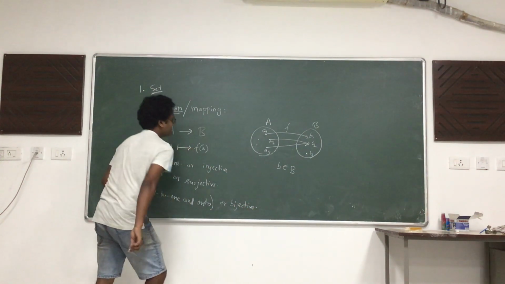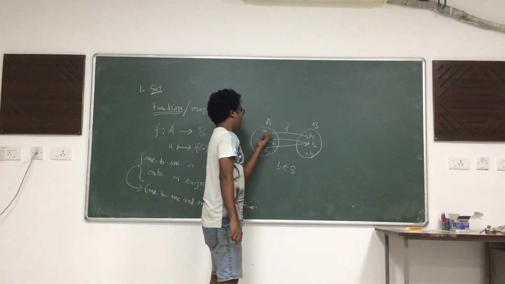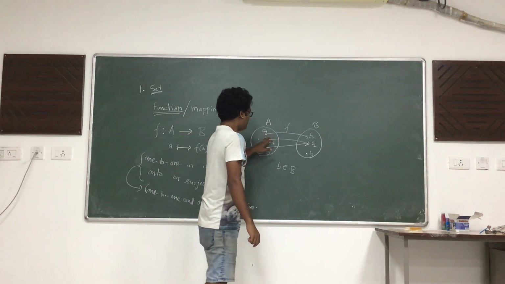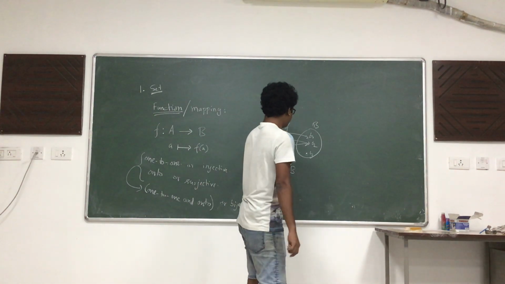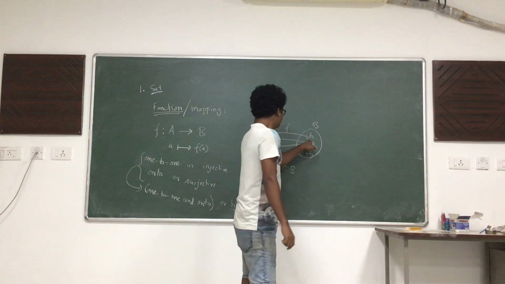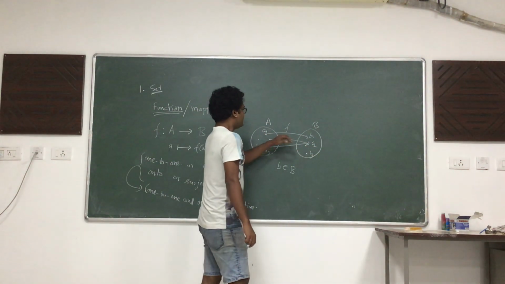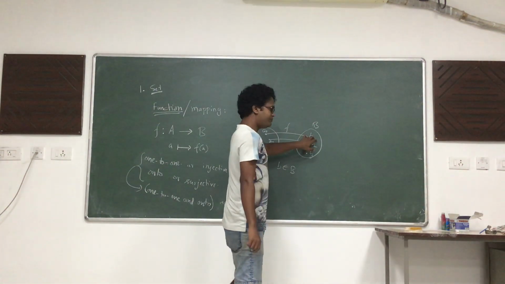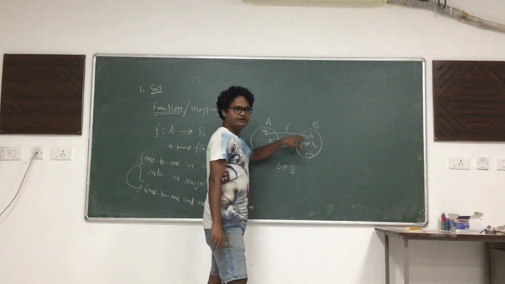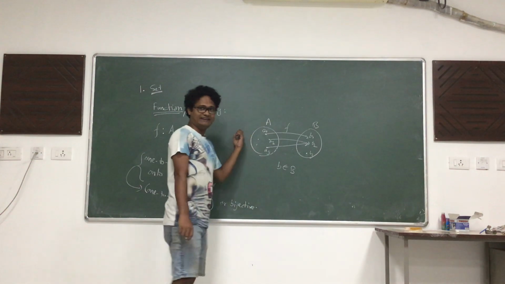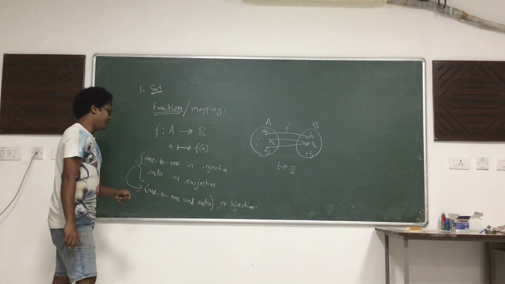So bijective is when every element of capital A points to exactly one element, which is the necessary condition for a function, and it is one-to-one, and every element of B has a pre-image in A. Then we call it a bijective mapping.